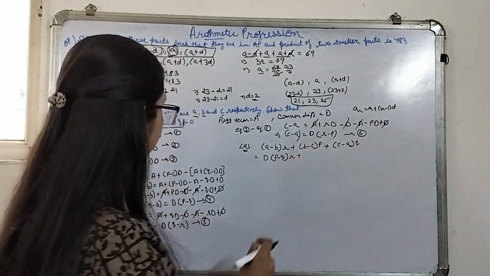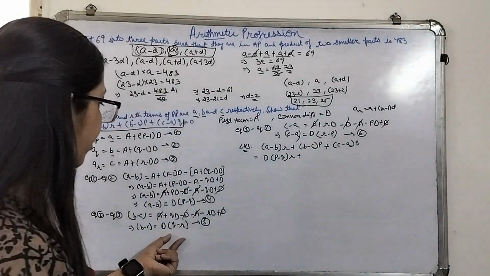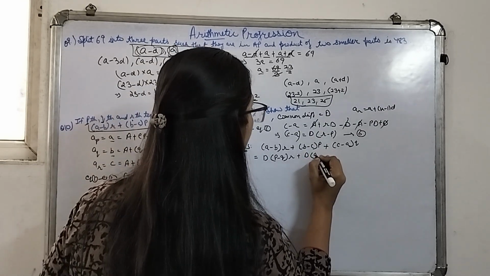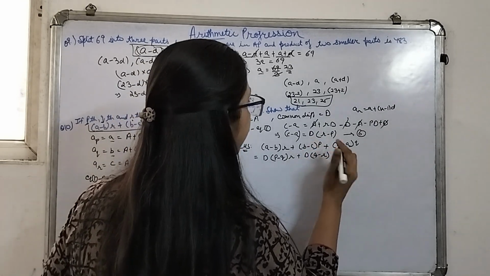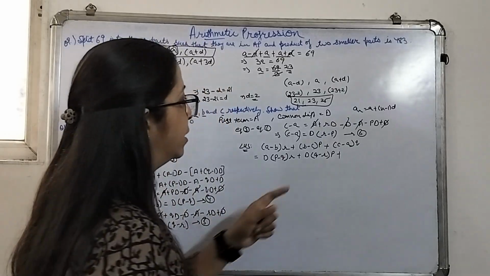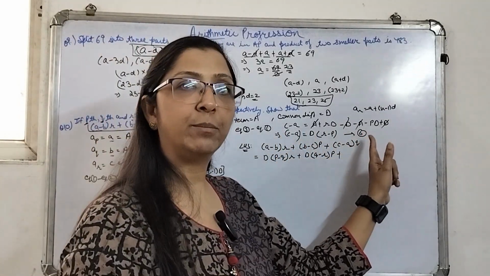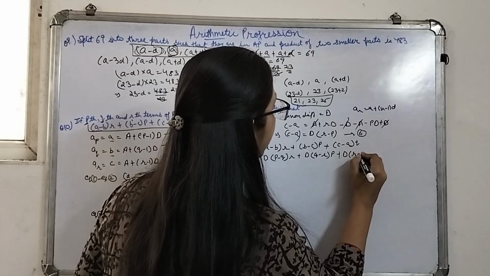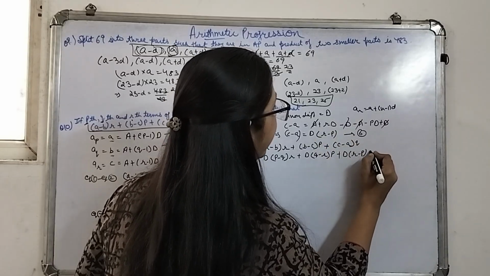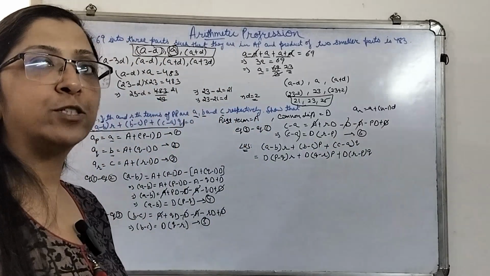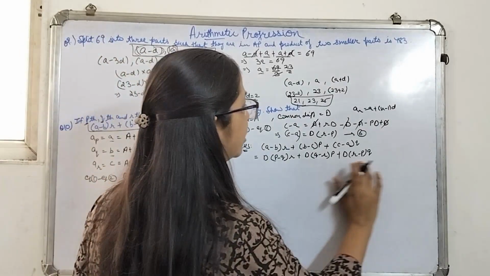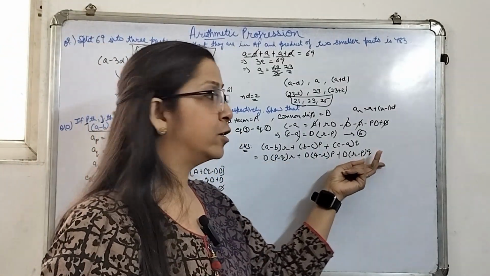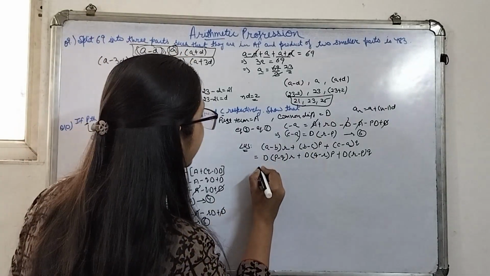Now the value of B minus C from equation number 5 will be D multiplied by Q minus R, multiplied by P, plus the value of C minus A from equation number 6, so it will be D multiplied by R minus P, multiplied by Q. Now I will be solving it further. See over here, D could be taken common from every term. Everywhere D is there, so I can take it out common. So D I have taken common.